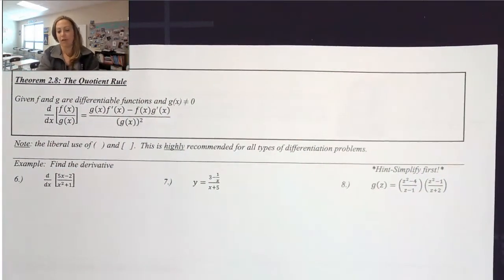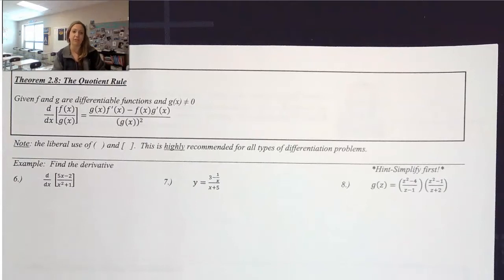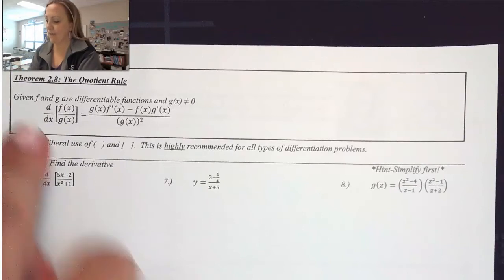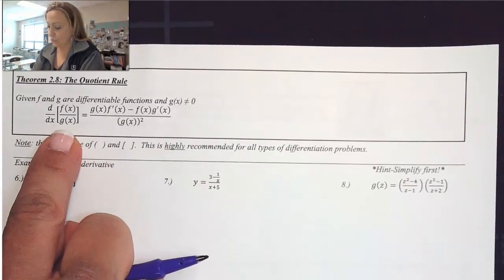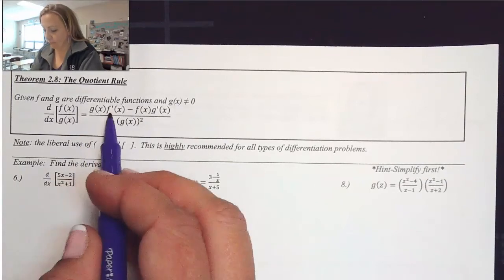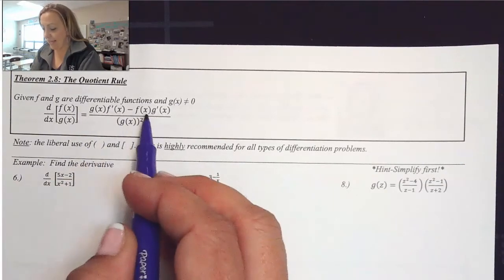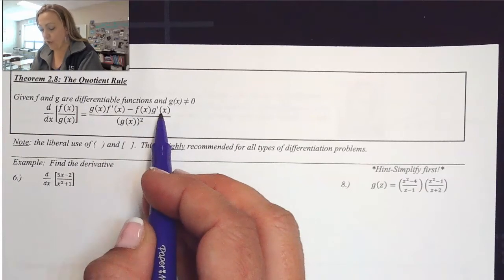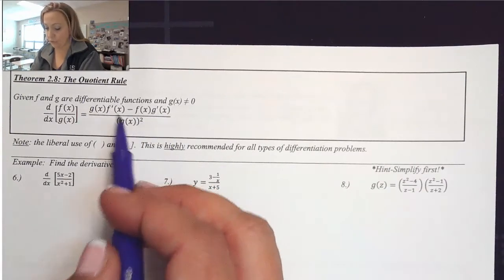Okay, so we've just done the product rule. So let's talk about the quotient rule. Again, the quotient rule doesn't mean that if you're dividing f and g, you can just take the derivative of f and then the derivative of g and think that you're kosher. That's not going to be good. What we're going to do is the following. d dx of f of x over g of x is going to be, this is a doozy, g of x times f prime of x minus f of x times g prime of x, all over g of x squared.